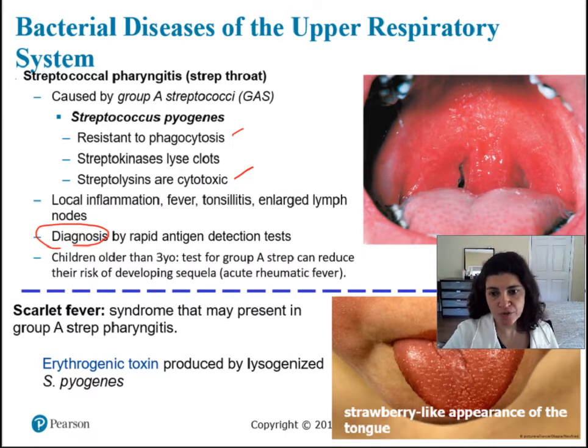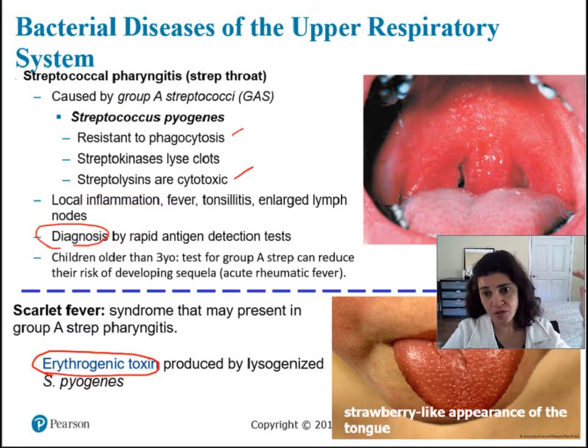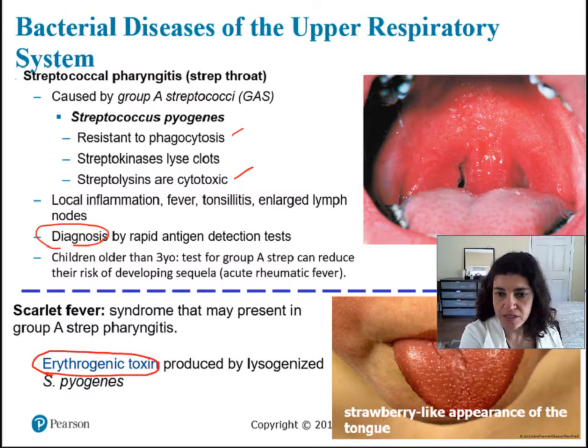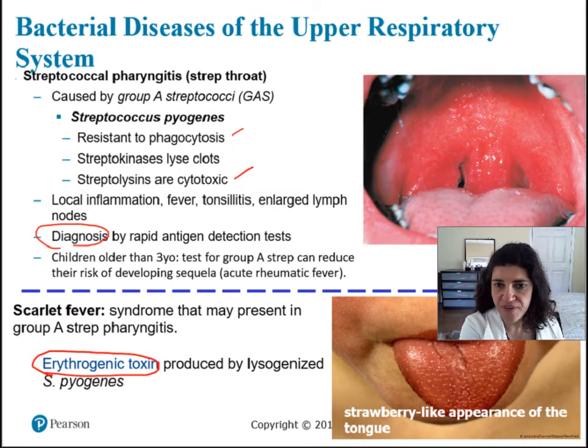There is a syndrome that is characterized by the presence of a specific strain of Streptococcus pyogenes that produces an erythrogenic toxin. That strain is able to produce the toxin because it was inherited by transduction from a virus. Remember how viruses can bring toxins when they infect bacteria, the bacteriophages, so they can inherit the erythrogenic toxin from viruses. This toxin is what causes scarlet fever.